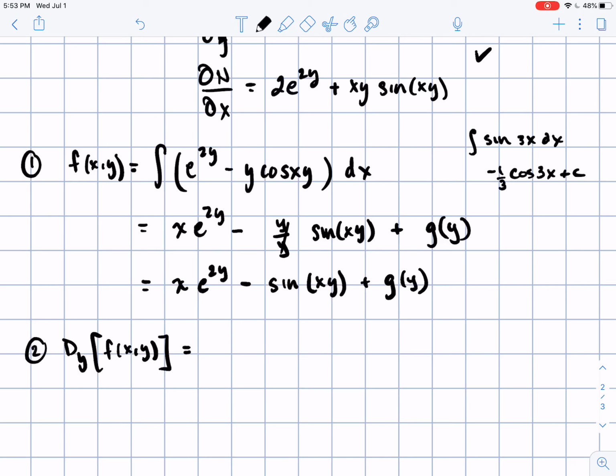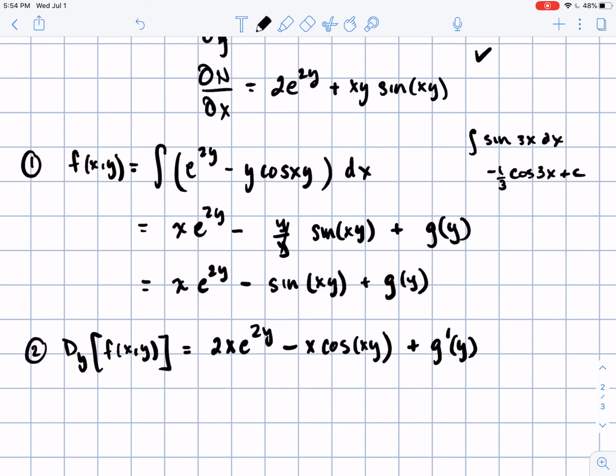With respect to y, I'm going to get 2x e^(2y) minus x cosine xy. Remember that's chain rule. So with respect to y, and then plus g prime of y.